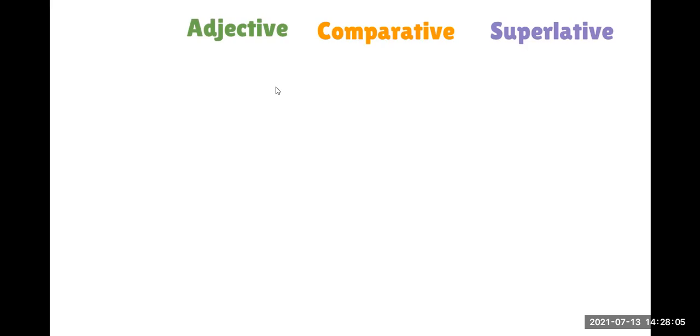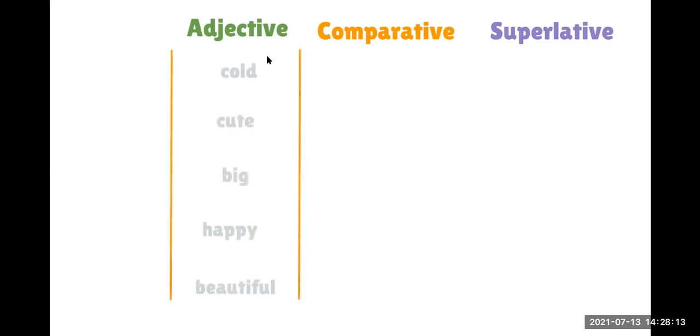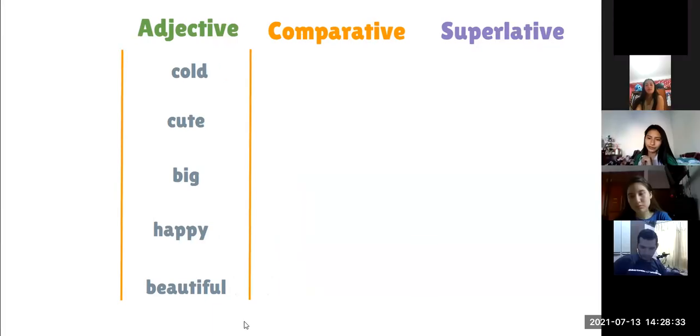Of course, both of them have their characteristics, right? So let's see. We are going to use some adjectives, for example, cold, cute, big, happy, and beautiful to remember a little bit about the rules that we use for comparatives and superlatives, okay? So here we have the first adjective, cold, okay? Do you remember the first rule we use for comparatives?